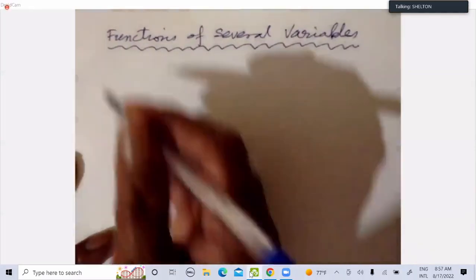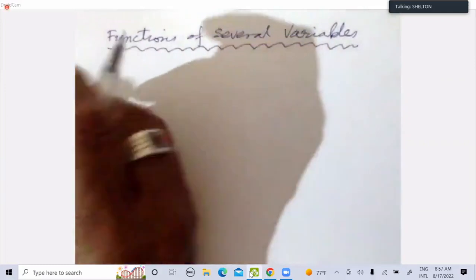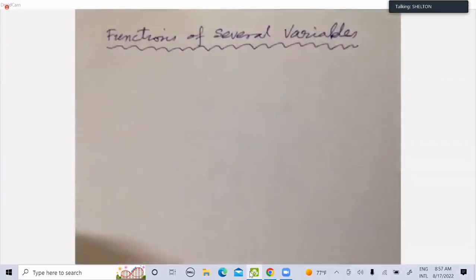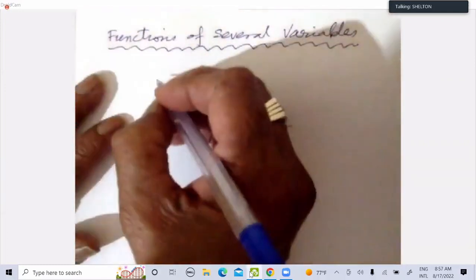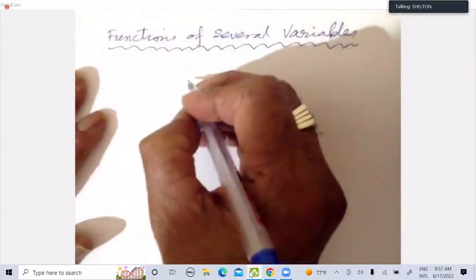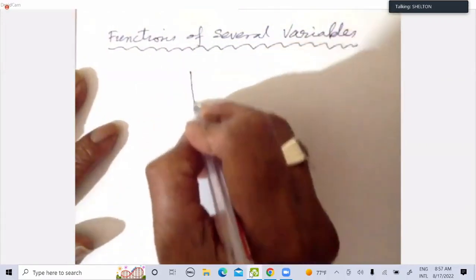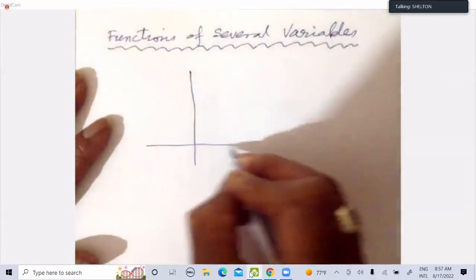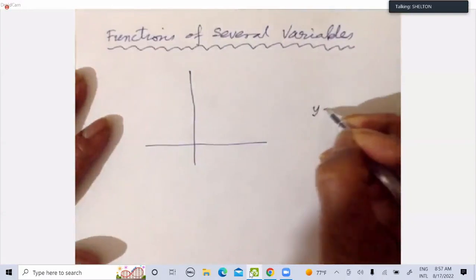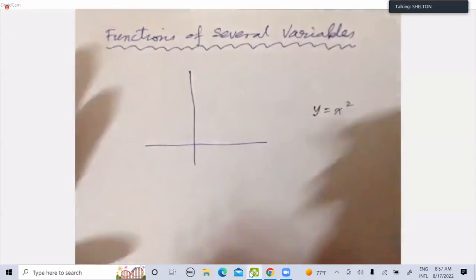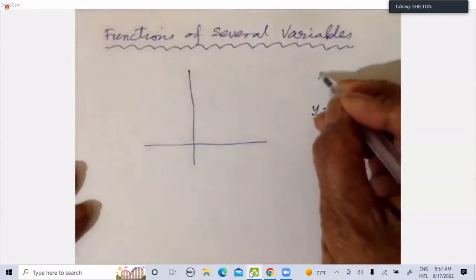Let me start by taking a function like y equals x squared, f of x equals x squared.